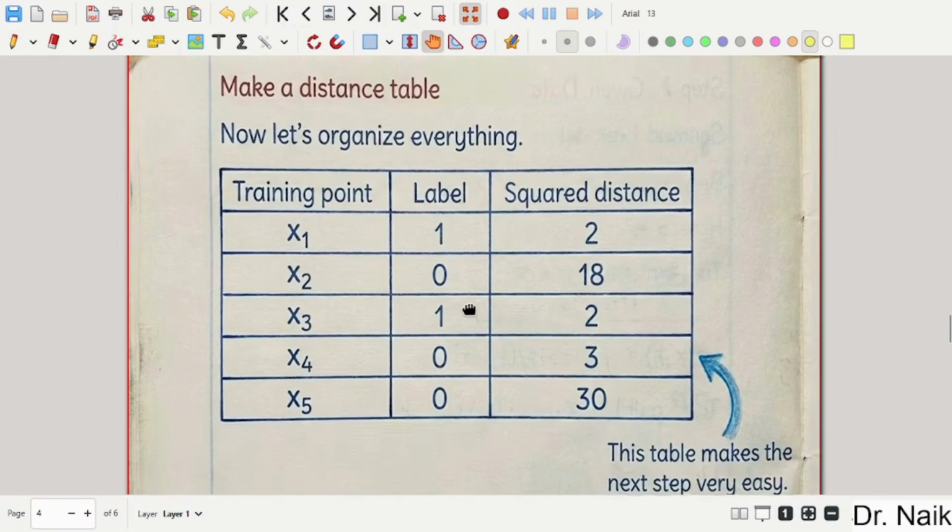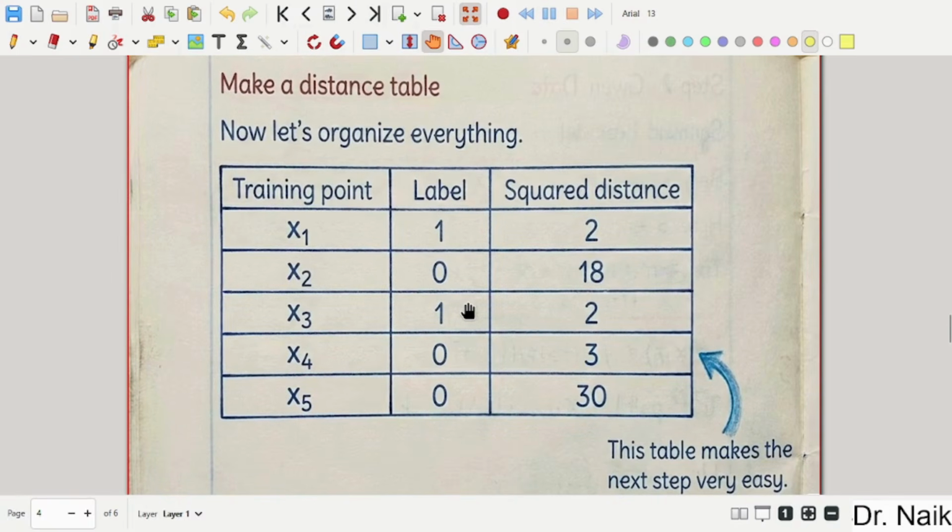Now make a distance table. The distance between the test point and training point x1 is 2 and its label is 1. The distance to x2 is 14 and its label is 0.